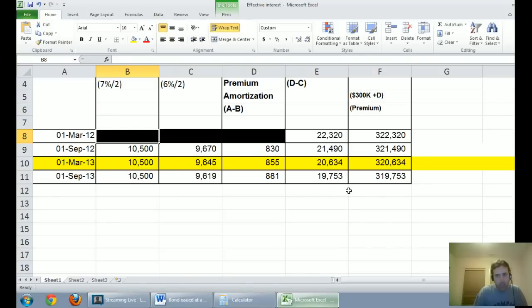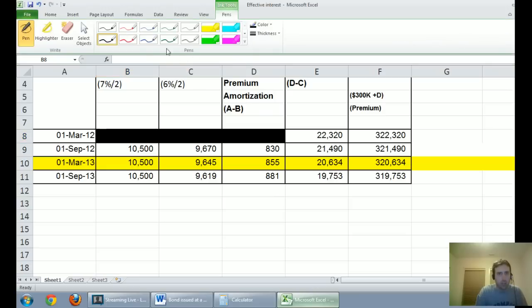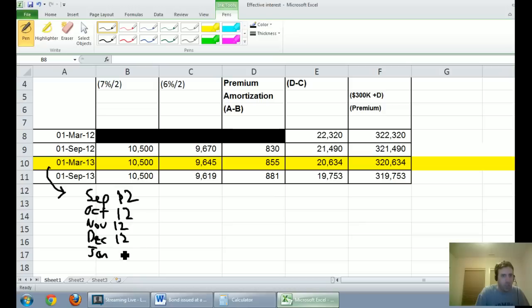As I said last time, this March 1st line represents the months of September 2012 onward. You might say there's already a September on there, but that's the period ended September 1st, so it doesn't count September. It's everything up to September. So September 2012 is included in this March 1st line: October 2012, November 2012, December 2012, January 2013, and February 2013.